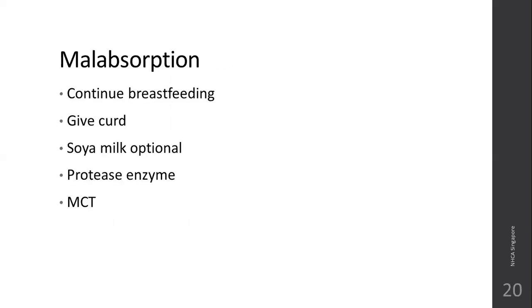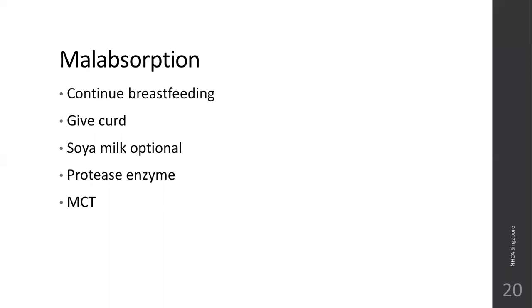Next, coming to other GI diseases, gastrointestinal diseases like malabsorption. Malabsorption is when the baby is not able to absorb nutrients from the intestine. That is what we call malabsorption. In cases of malabsorption, if the child is still being breastfed, is under the breastfeeding age, breastfeeding should be continued.